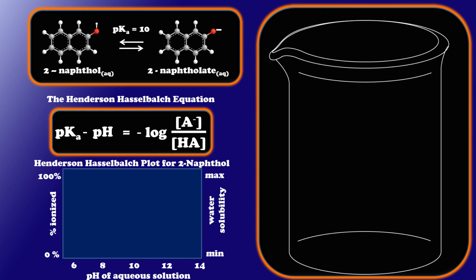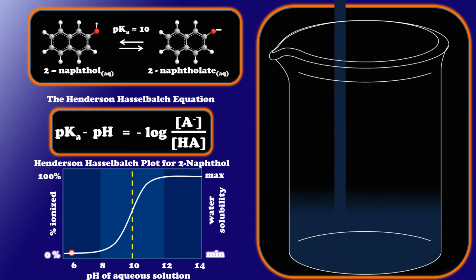So if I make the Henderson-Hasselbalch plot for 2-naphthol, I get something like this. A situation in which I have 0% ionized at low pH, where the conjugate acid is dominant, and 100% ionized at very high pHs, where the conjugate base is what's dissolving in water.